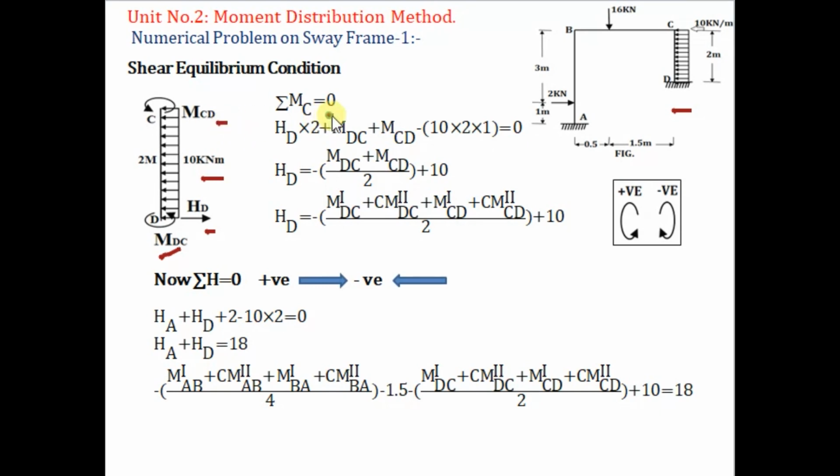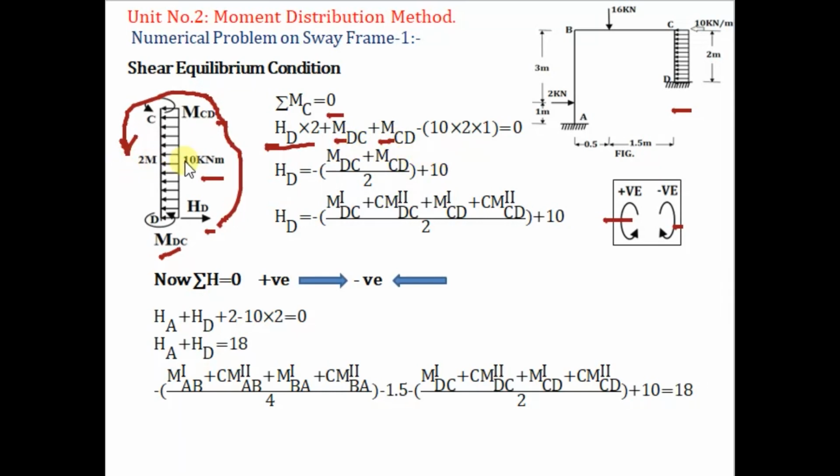Now take moment about C. Again the sign convention is anti-clockwise positive, clockwise negative. So HD into 2, the distance is 2, rotates about C in anti-clockwise direction, therefore the sign is positive. Then both moments we assume as anti-clockwise, so plus MDC plus MCD.